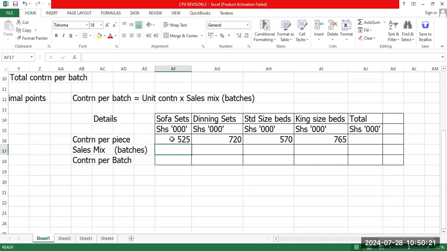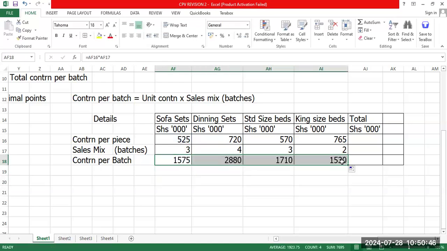So the batch for sofa set is 3, this is 4, this is 3, and the last one is 2. Then you get this one times this one. You do the same for all.